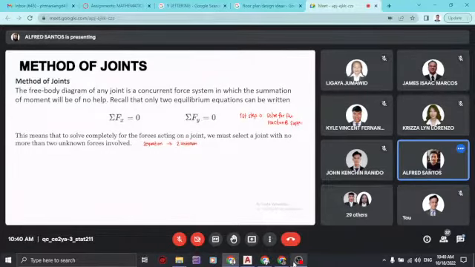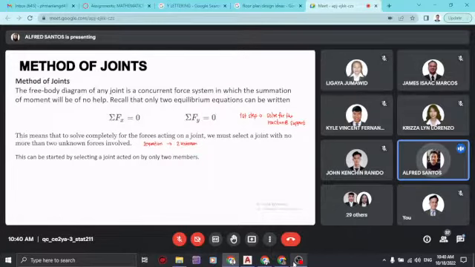Okay, so pag na-solve na natin yung reaction sa support, it is either hinge and roller or roller and hinge. So after that, pwede na nating simulan yung method of joints. Okay, so ang gagawin mo, first step para sa method of joints is this can be started by selecting a joint acted on by only two members.